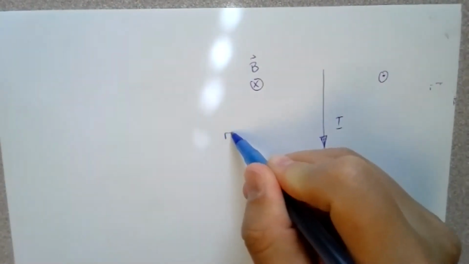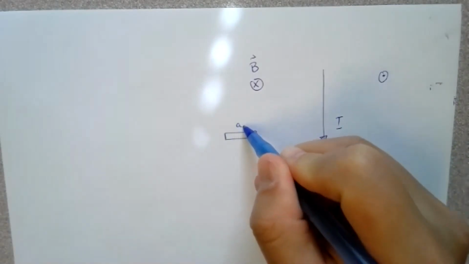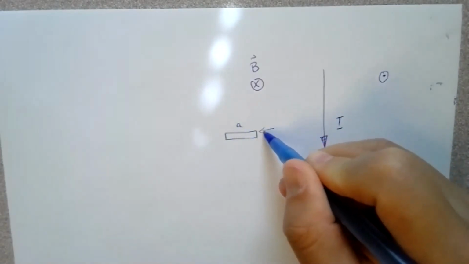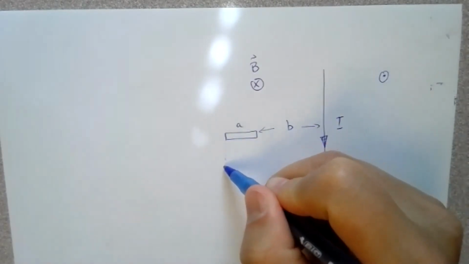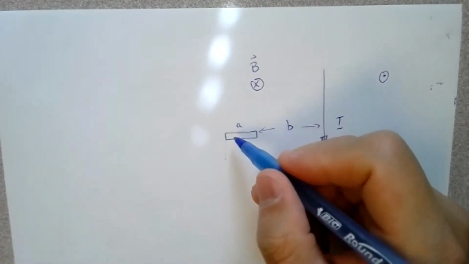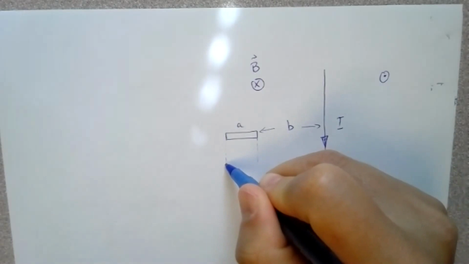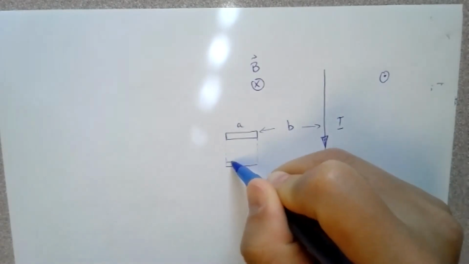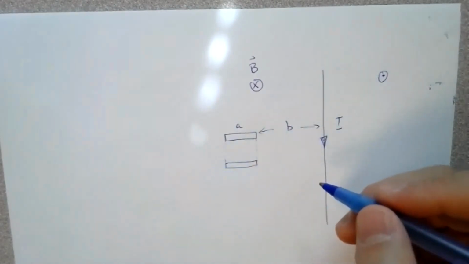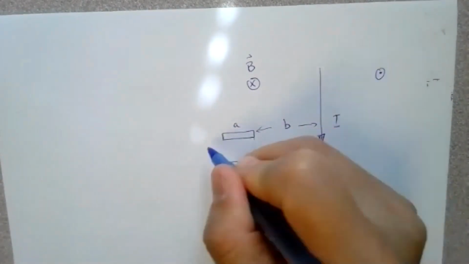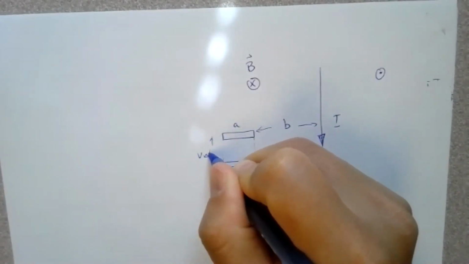Now let's say you have a rod here that has a length of a, and this distance is b. If it says it moves with velocity v parallel to the wire, you can imagine after delta t of time, it will move by the amount of v times delta t.